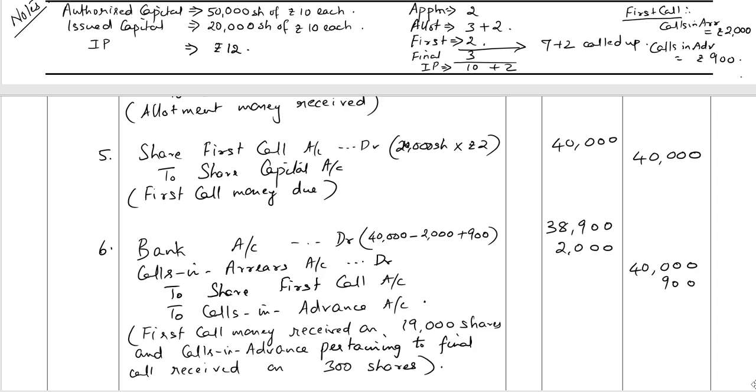The company has not yet made the final call money of rupees 3 per share due. So we'll stop the journal entries with the sixth journal entry.